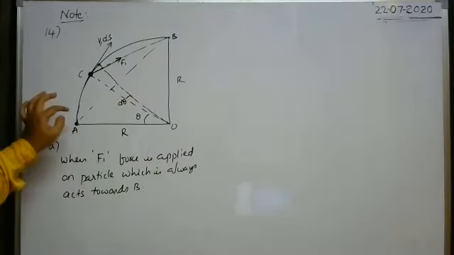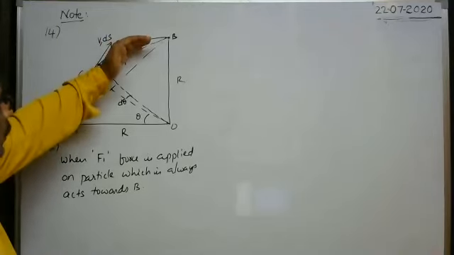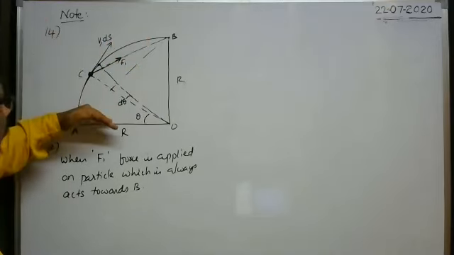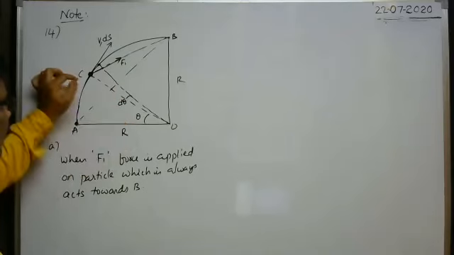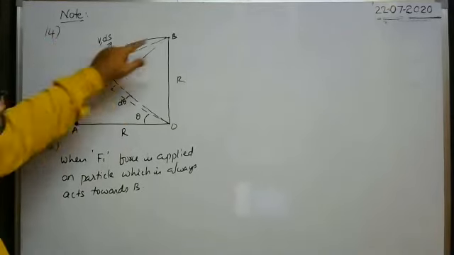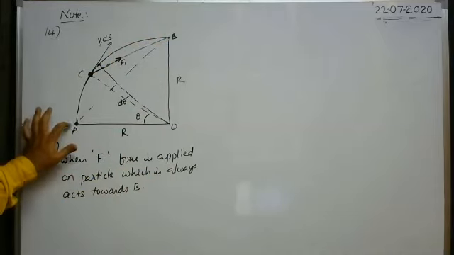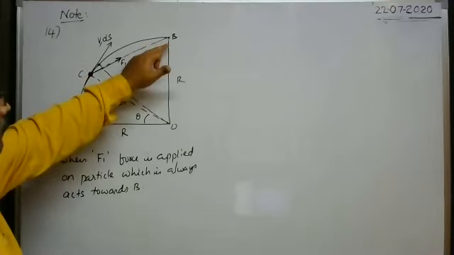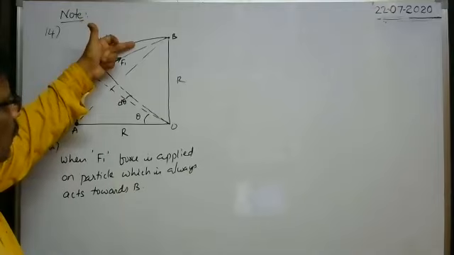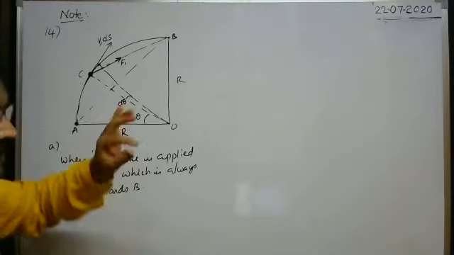While the particle moves from A to B along the quadrant of the circular path, at a certain instant, whenever the particle displaces through an angle theta from the horizontal, the particle lies at C. At that time, the force acting on the particle is towards point B. The force is always towards point B. Even when the particle lies at A, the force acting on it is towards B. When it is at C, the force is towards B. When it is at this point, the force is towards B. That means the force acting on the particle is always towards B. That is the important point here.